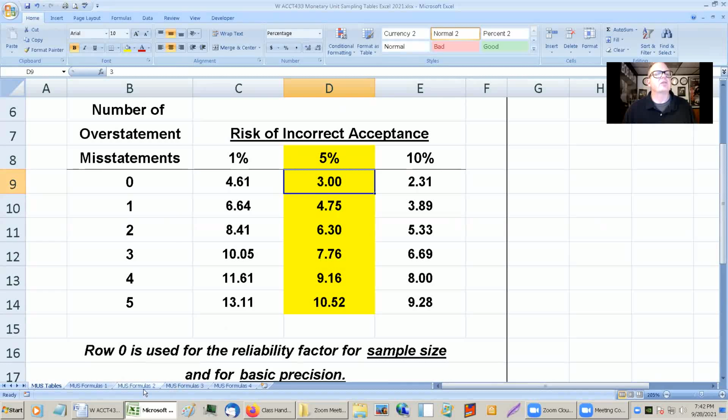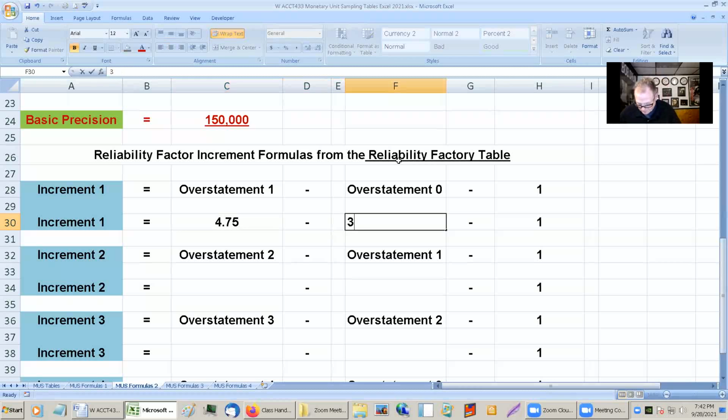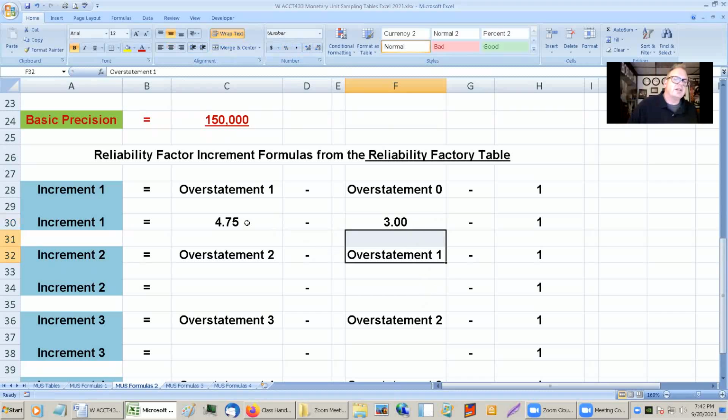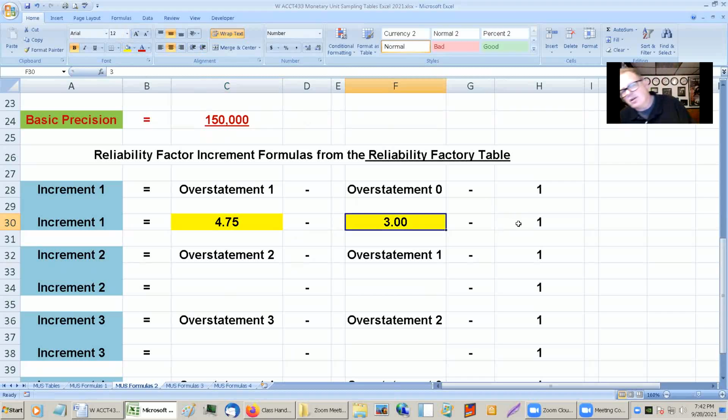So let's jump back to our problem here. Okay, so this is from the table on this previous page. And then here is another wacky part of it, and that is then we subtract 1.